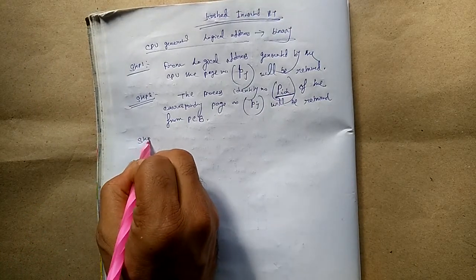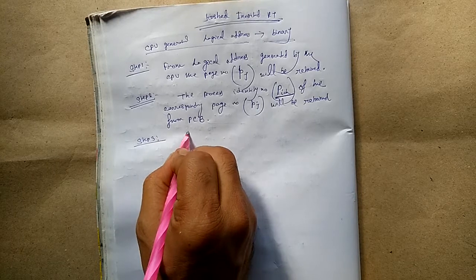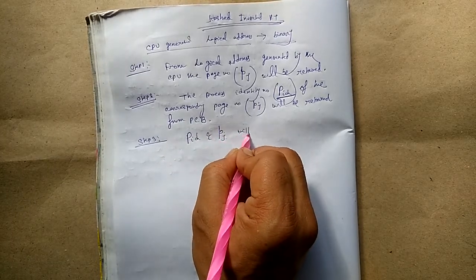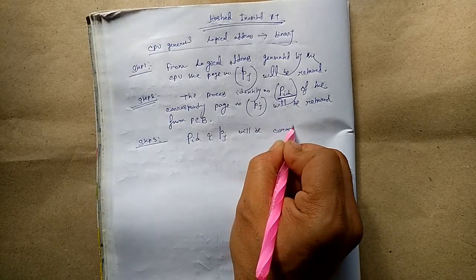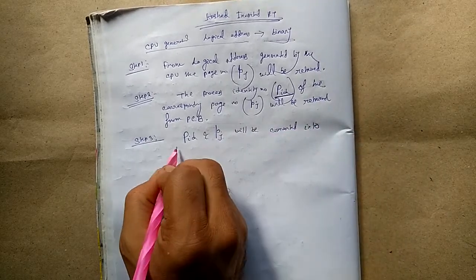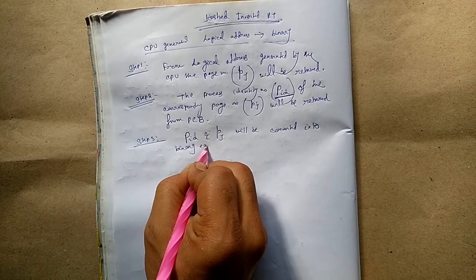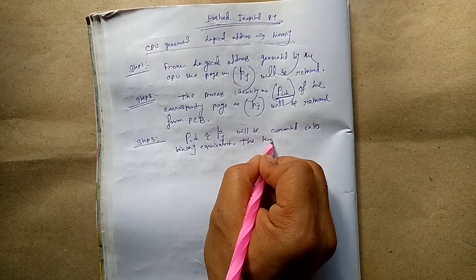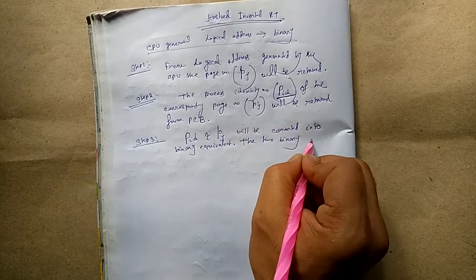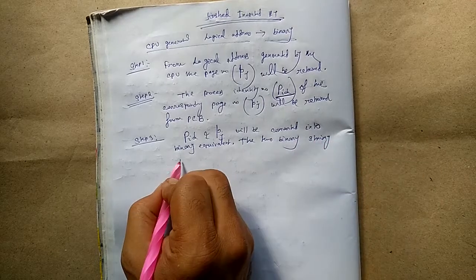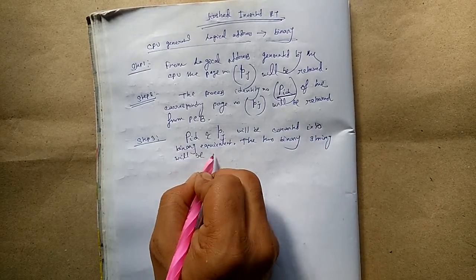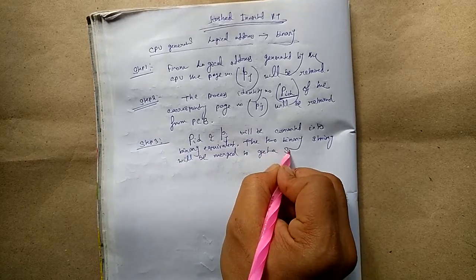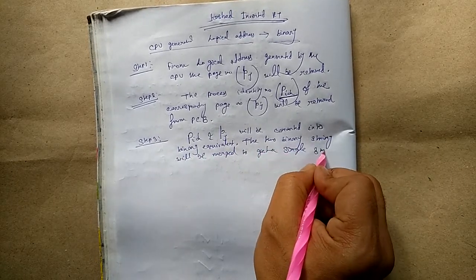Step 3, this PID and P suffix j will be converted into binary equivalent. The two binary strings will be merged to get a single string.